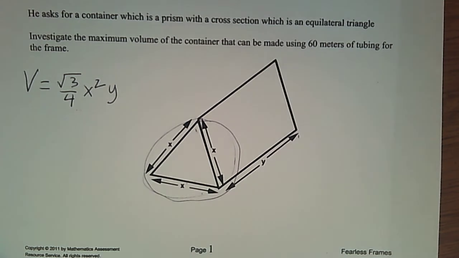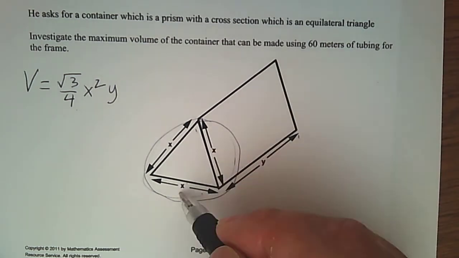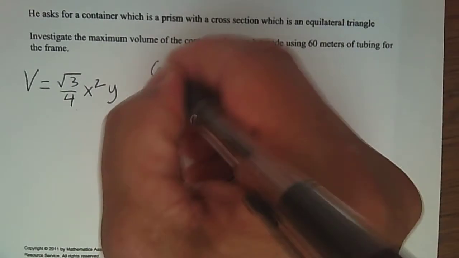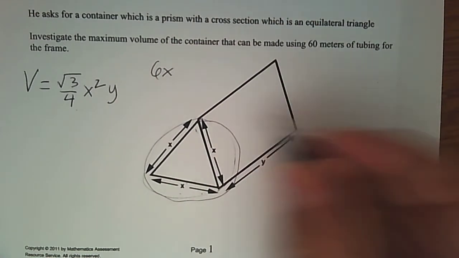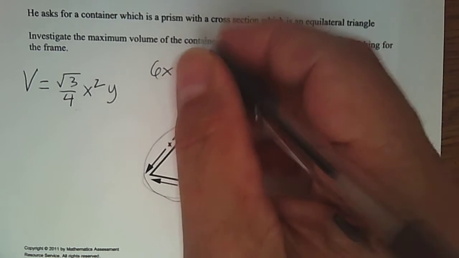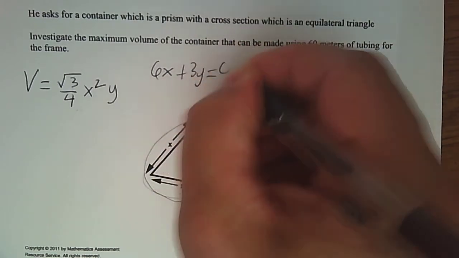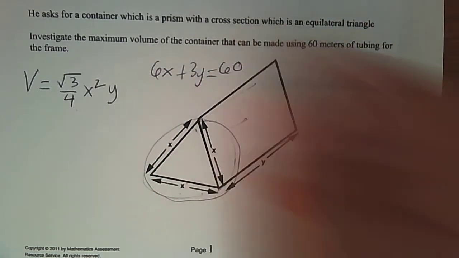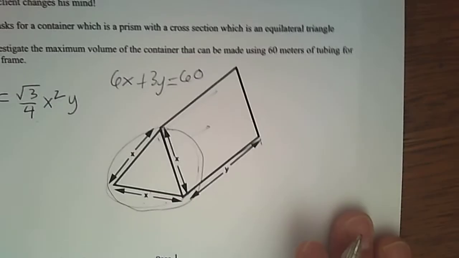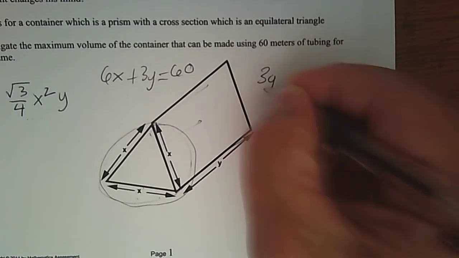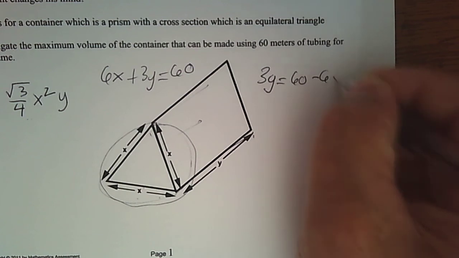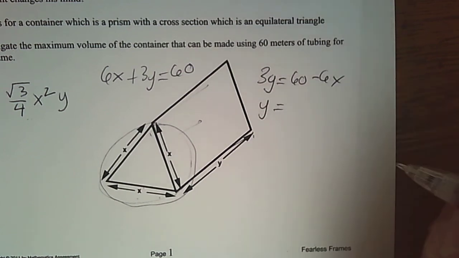Now how much tubing do I need here? So 1, 2, 3, and then 3 on the other side. So that's 6x. How many y's make up this? 1, 2, and then 3 more down here. So 6x plus 3y equals 60. I'm going to do the same work. I'm going to get y by itself. So I'll do it over here on this side. To get y by itself, I'm going to subtract 6x and then divide everything by 3.